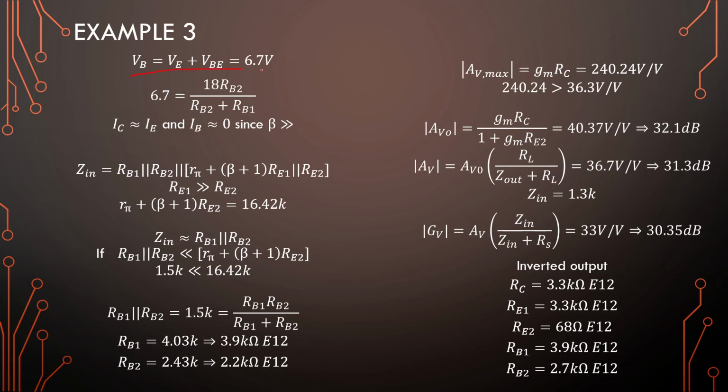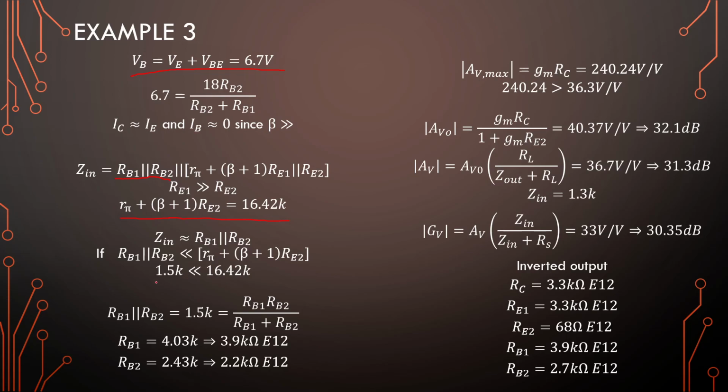Now we have voltage division on the input, and note that I don't calculate a new VE value like we did in example 1. In the end, it doesn't really matter as much since we select E12 values and everything changes in any case. So this will give us our first equation for RB1 and RB2. The second equation for RB1 and RB2 will be coming from our input impedance. So let's see what this back half is equal to, and that's 16.42 kilo ohms.